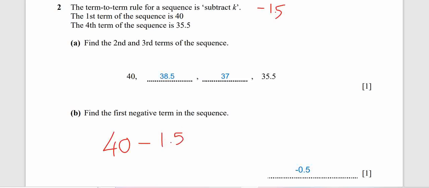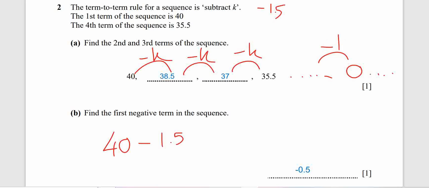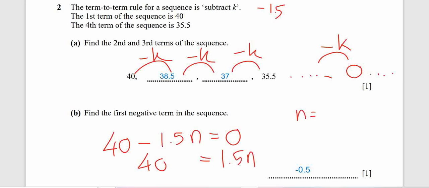For each step it is minus k, minus k, minus k, and it will go on until it is 0 and becomes negative. So we want to count how many times of k. So we put 40 equals 1.5n. And when we count the n, we will get 40 divided by 1.5.